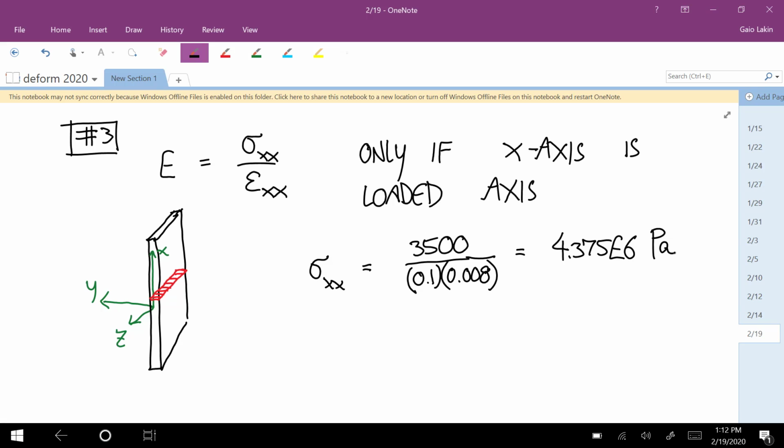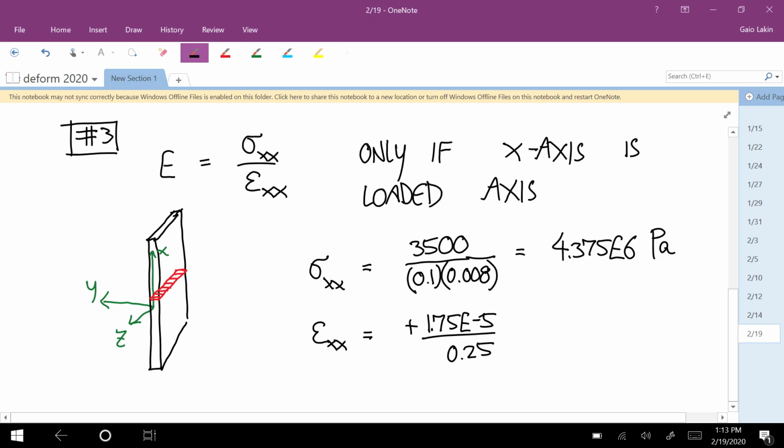And then for the strain, it says that the height increases 1.75 times 10 to the minus fifth. Increases means it's positive. So we have positive 1.75 times 10 to the minus fifth divided by the original length, which is 0.25.